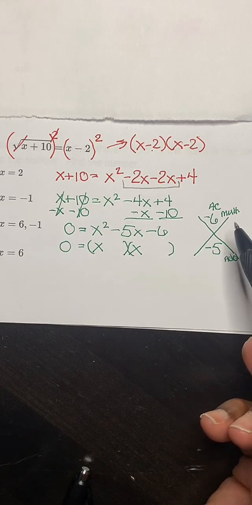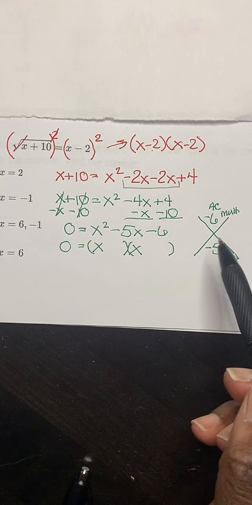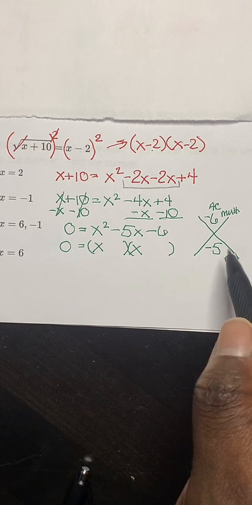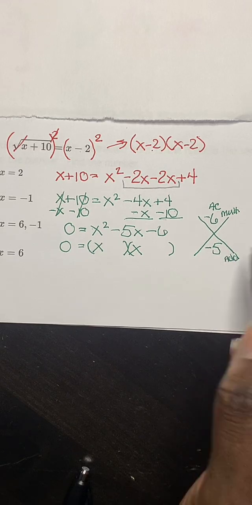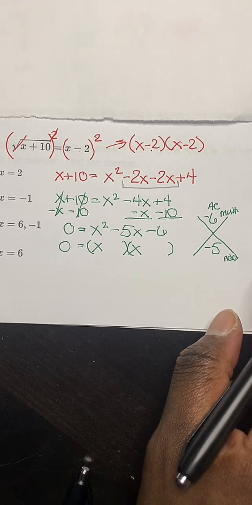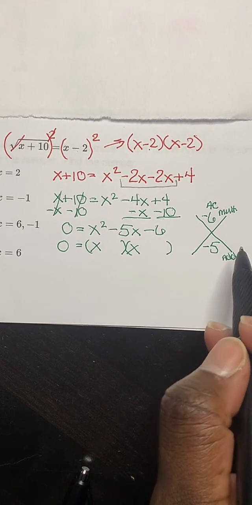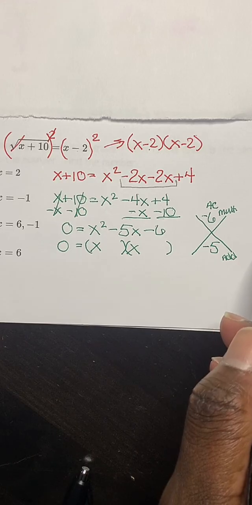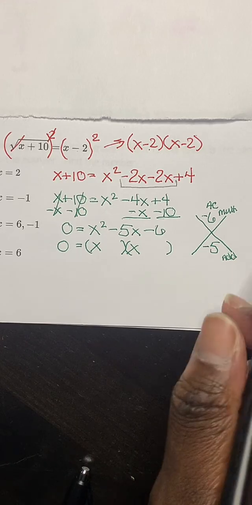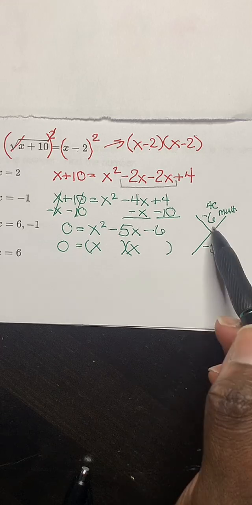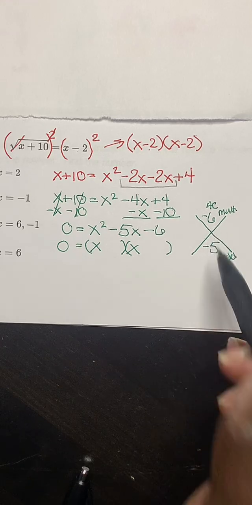So like most of you guys are saying, all right, yeah. Well, negative 2 and negative 3, that gives me a positive 6. So you can't use negative 2 and negative 3 because we're looking for a negative 6.